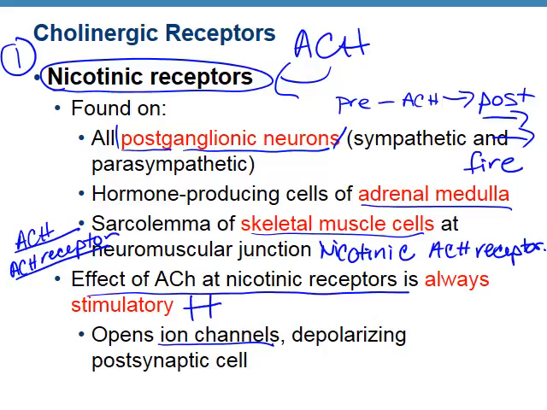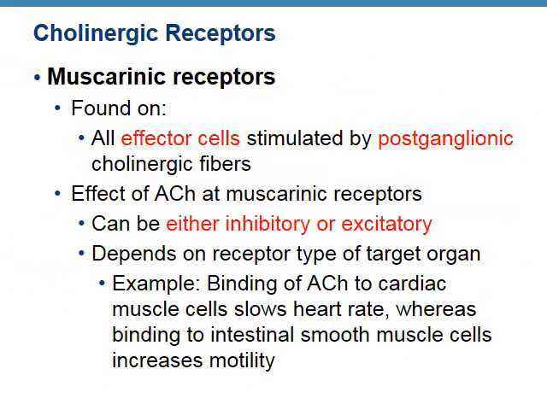It's going to open ion channels. We saw this in contraction. It's going to cause depolarization of either a muscle, or it could be any postsynaptic cell. Remember, synapse is the site where a neuron meets another neuron, or a neuron meets a muscle. We call it a neuromuscular junction in that case.